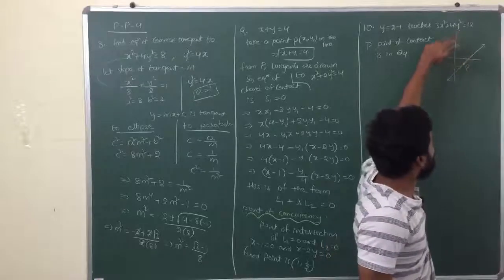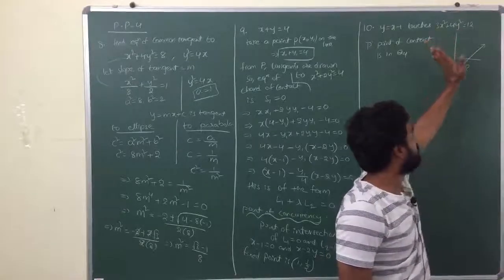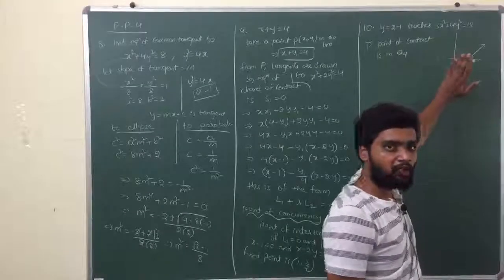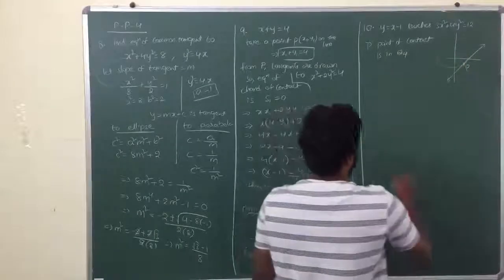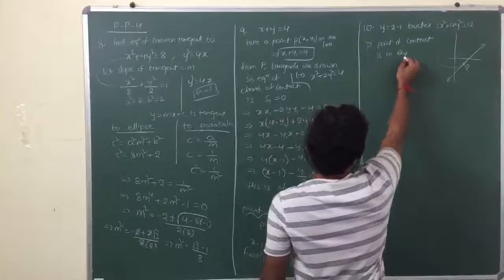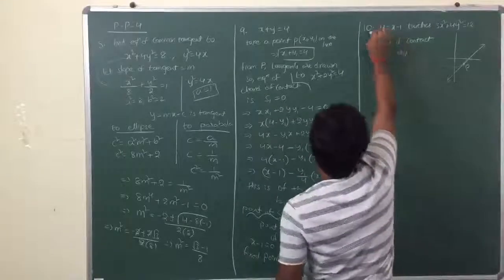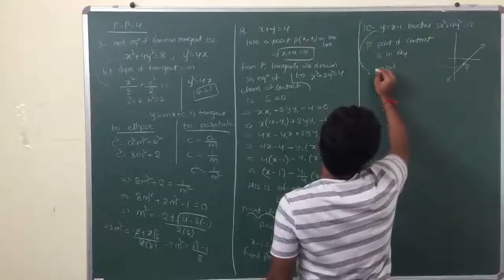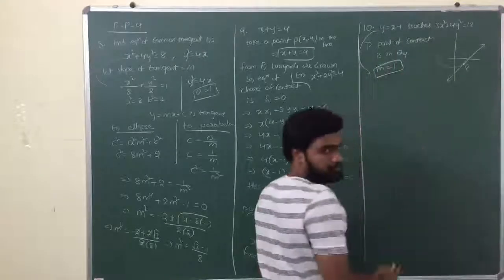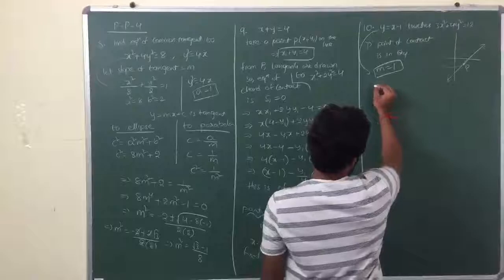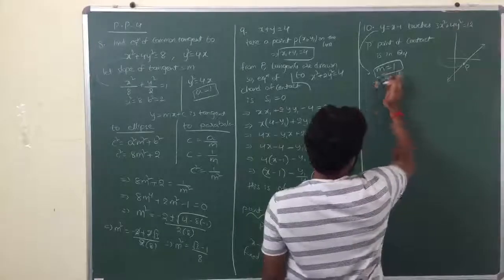If the line is in the second quadrant, the point of contact is in the second quadrant. If the line is in the third quadrant, the point of contact is also in the third quadrant. Now the formula. Q4. What is the slope? Slope is equal to 1. So x coordinate is positive and y coordinate is negative.